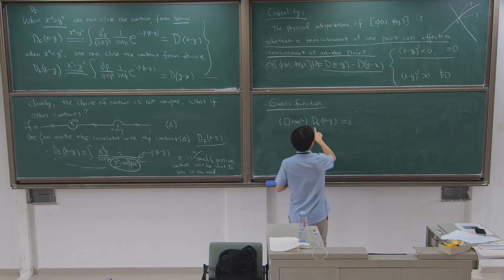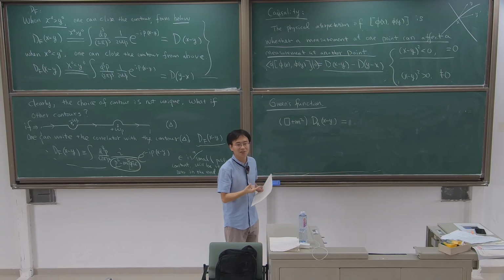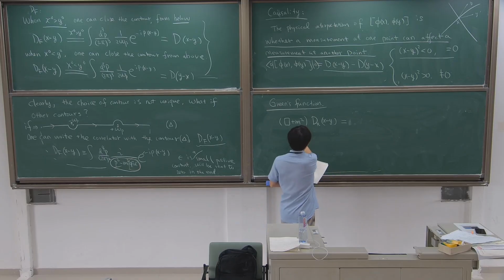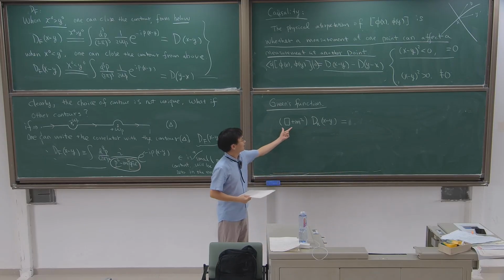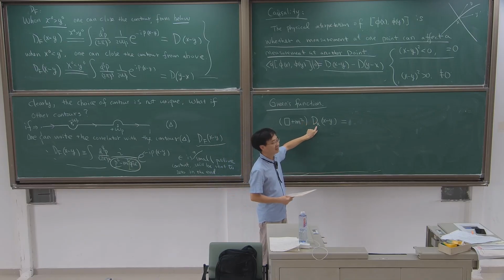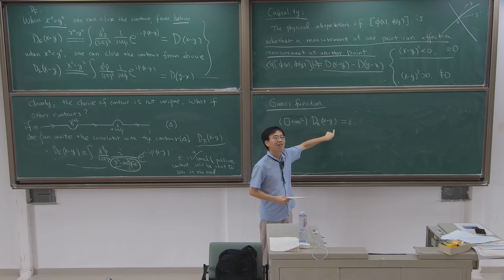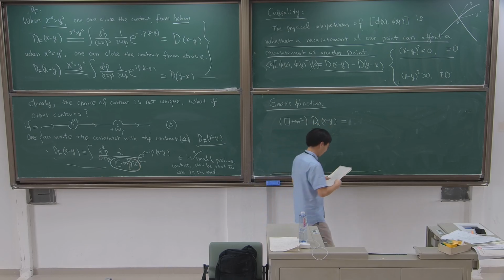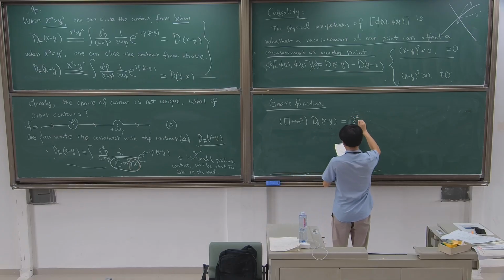Since D_R is defined by a theta function times a commutator, now, by acting this kind of operator, you have to take care how this differential operator acts individually on the theta function piece and also on the commutator piece.